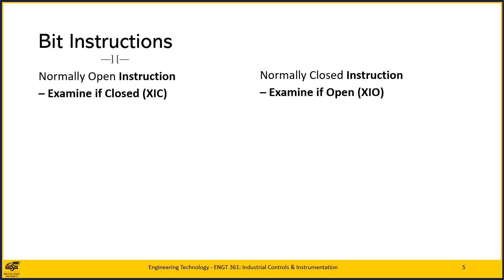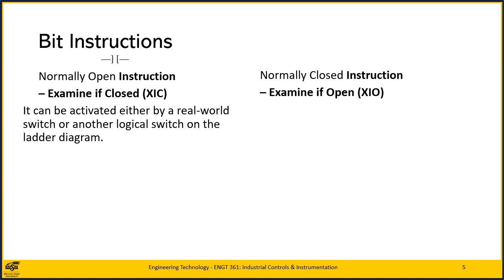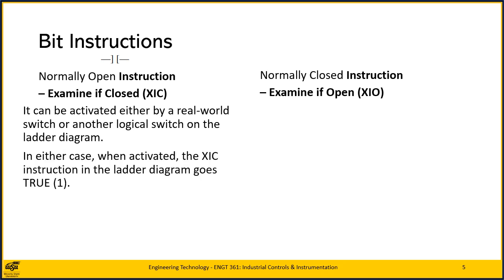When the symbol is placed in the ladder diagram, it behaves as a normally open switch, push button, or set of relay contacts. It can be activated either by a real-world switch or another logical switch on the ladder diagram. In either case, when activated, the examine if closed instruction in the ladder diagram goes true.